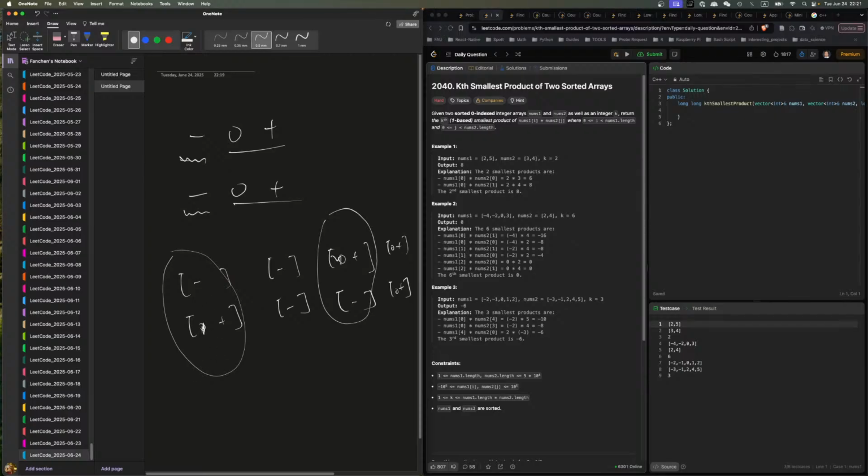Let's not consider 0, right? So now we have this, everybody's negative. So we can find out how many we have, which is just this size times this size. So we know how many. And if the k, right, is larger than this plus this and plus the zeros, right?